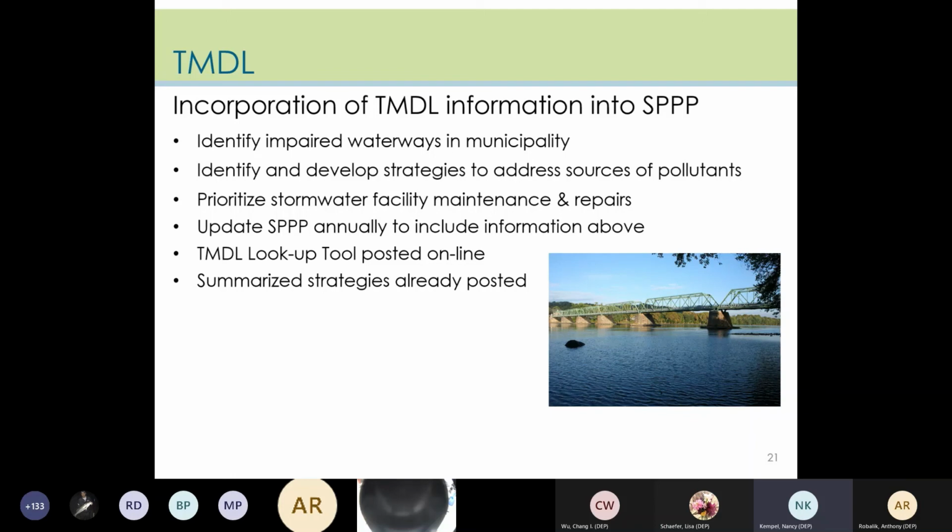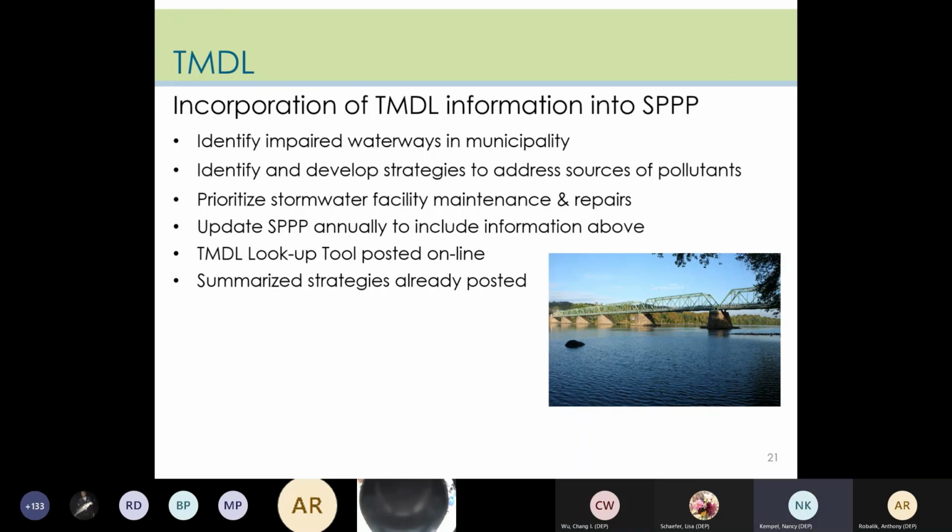The requirement for the highway agencies is slightly different. Since some of the highways traverse the entire state, they may end up with an awful lot of TMDLs that they have to deal with. So those requirements were a little bit more tailored.